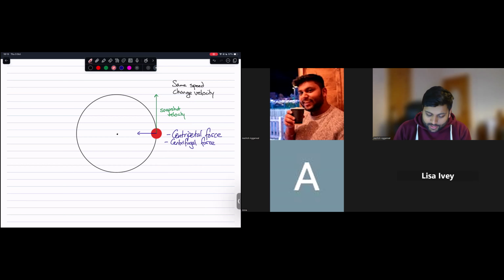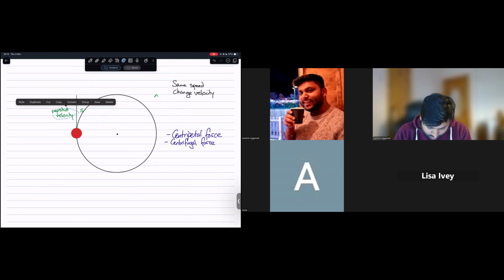So imagine this is a car going around a roundabout. I'm going to just move it around because it's going to be easier to visualize a car going around a roundabout in this direction. So this car is going around this roundabout.